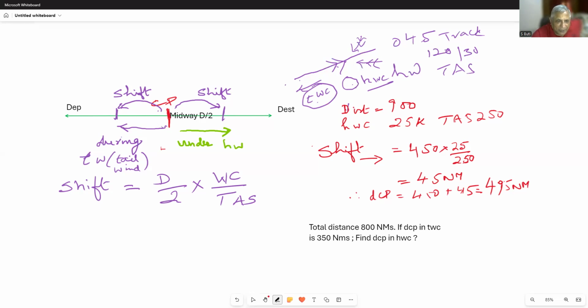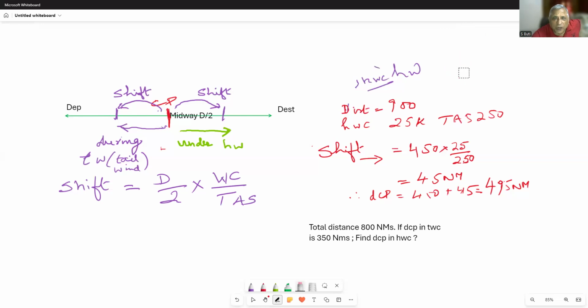Okay. Now let's get back to where we were. If the component is given to you, that is an average component, let's say there's a tailwind component of 30 knots. That means on the outbound, speed will increase by 30 knots, and on the return, your speed will decrease by 30 knots.